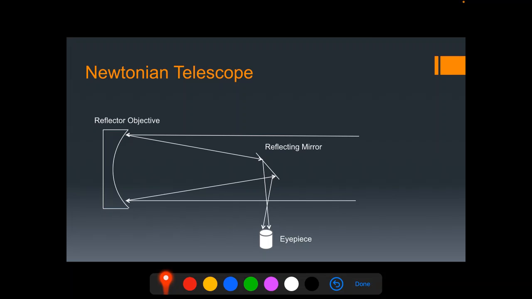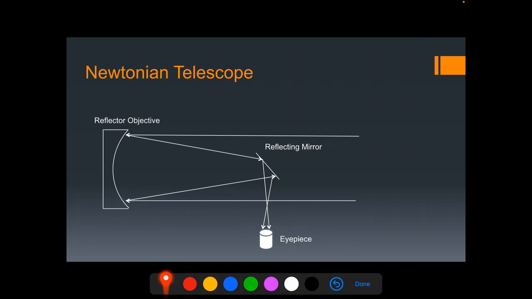That is why the position of the eyepiece gets changed, and a person can observe through this telescope without blocking any of the light coming from the distant object. This is the arrangement of the Newtonian telescope, and this is the ray diagram that you should know. It is very useful to overcome the drawback of the reflector telescope.